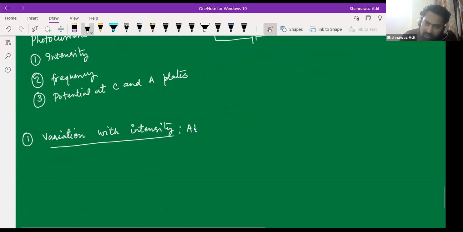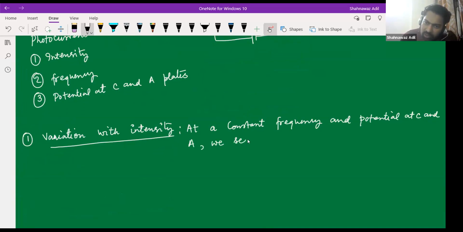At a constant frequency and potential at C and A, we see that the photocurrent varies linearly with intensity.